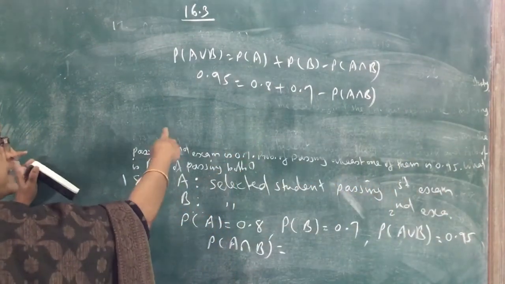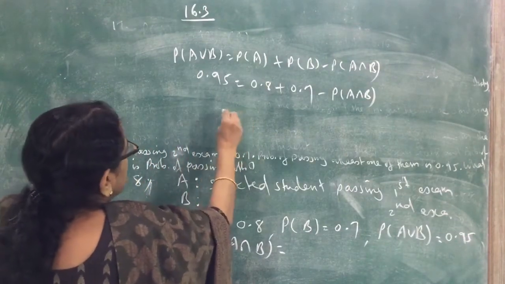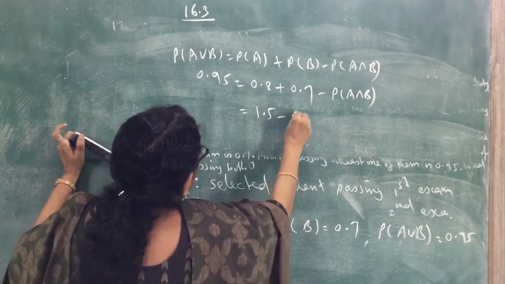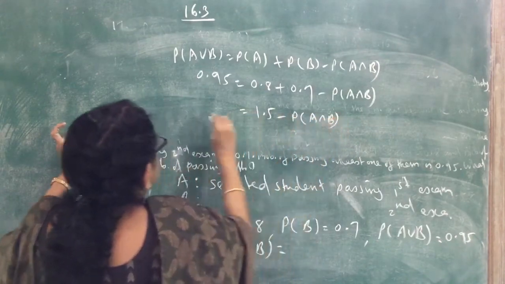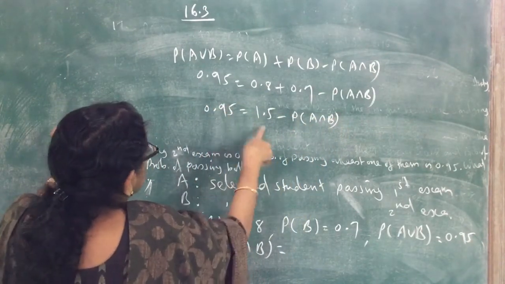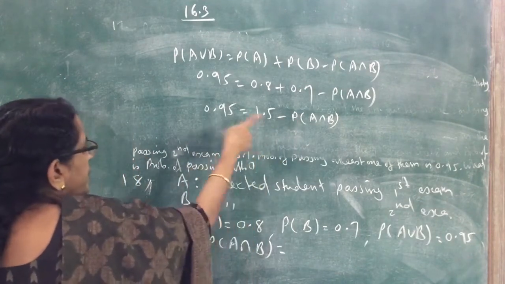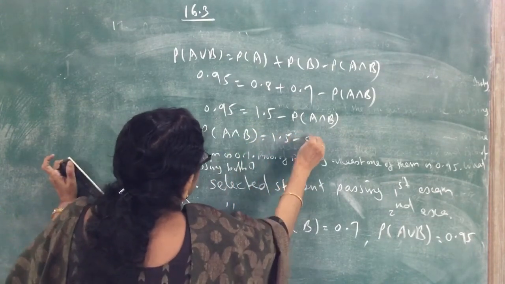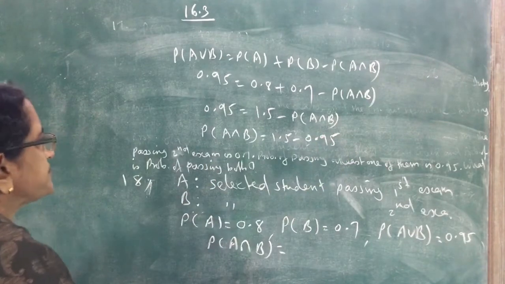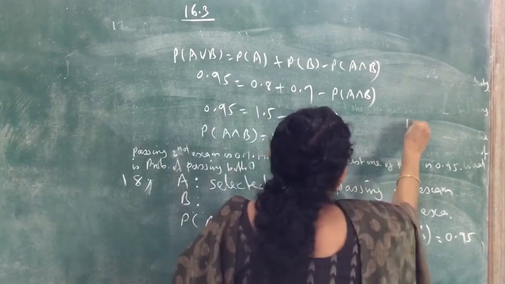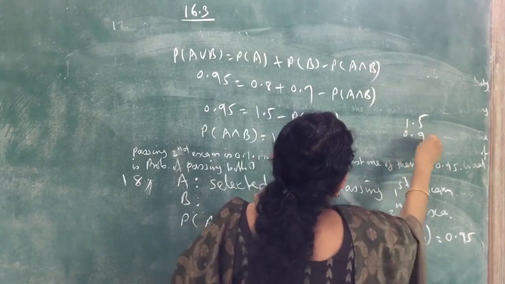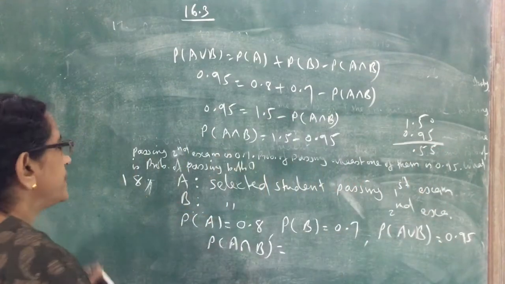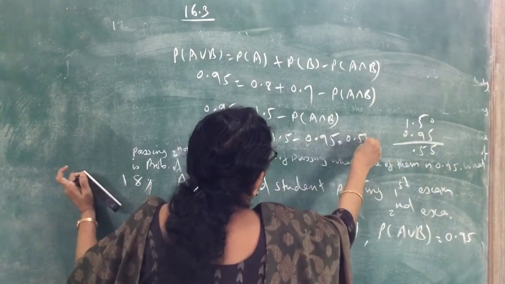Here 0.8 plus 0.7 is 1.5, minus probability of A intersection B, equals 0.95. Therefore, taking probability of A intersection B to this side, probability of A intersection B equals 1.5 minus 0.95, which is 0.55.